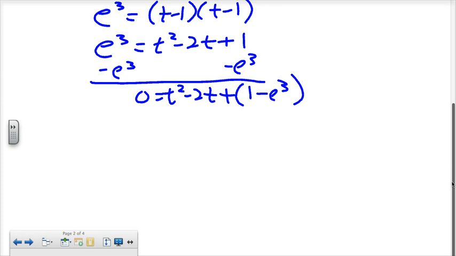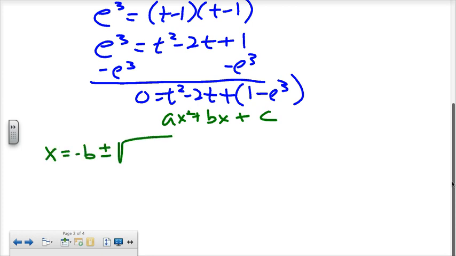This is just obnoxious. So, unfortunately, that means the quadratic formula is going to need to be used, and that is x equals negative b plus or minus the square root of b squared minus 4ac all over 2a. So we're going to use 1 minus e to the 3rd as c in this formula, and that's going to give us 2, because minus a negative will be a plus.